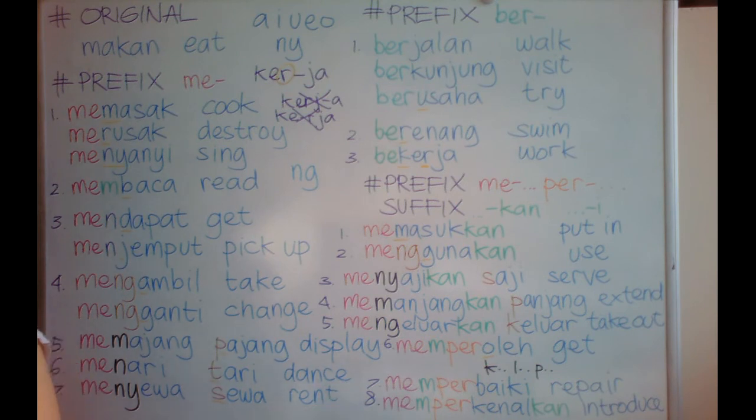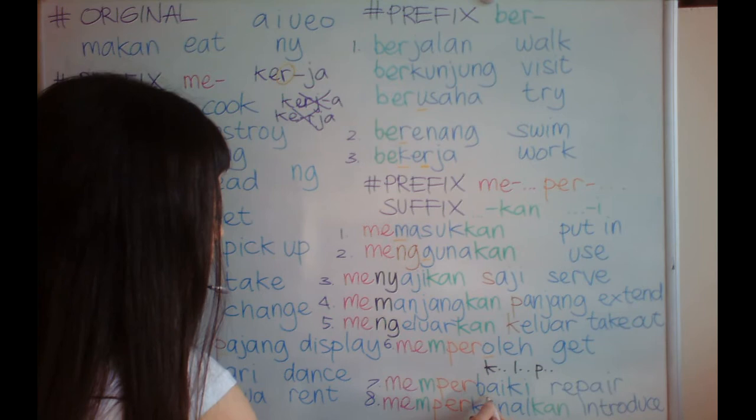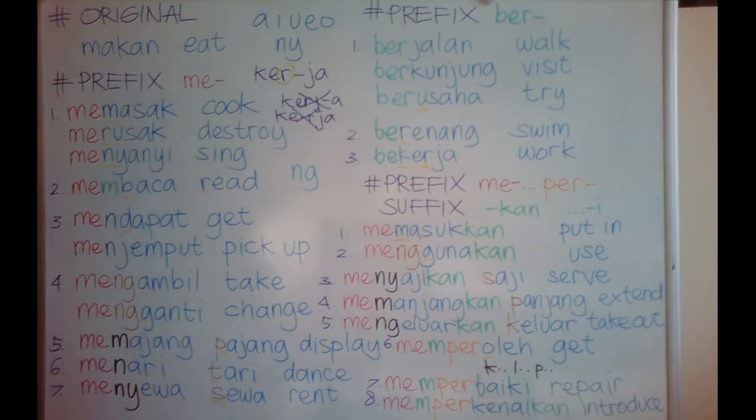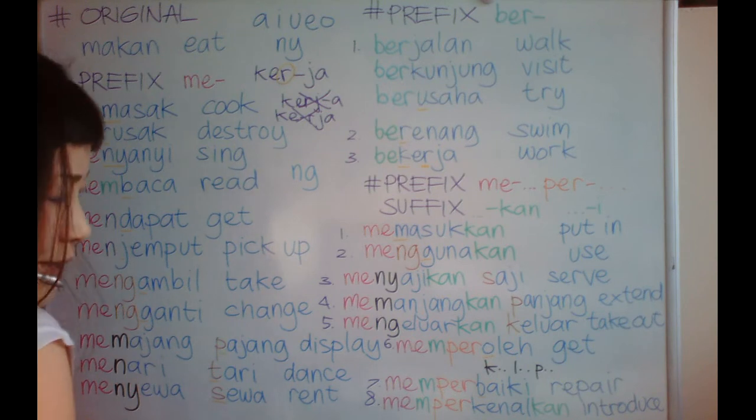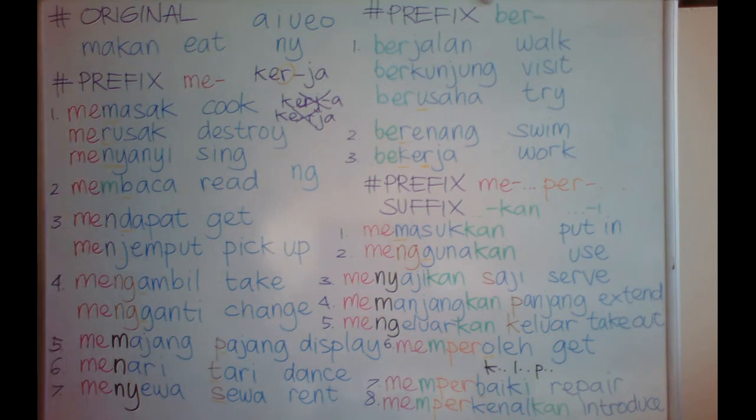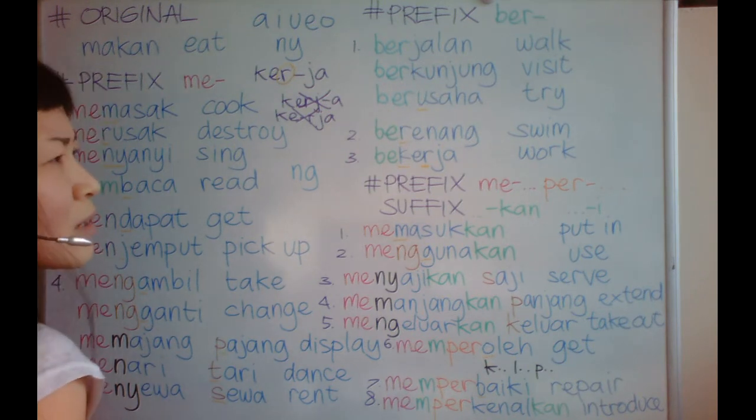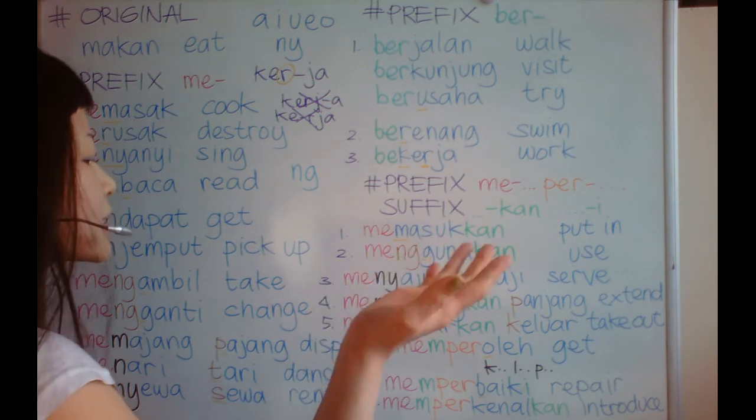Number 7, if it started with B, baik, it means good or nice, kind.